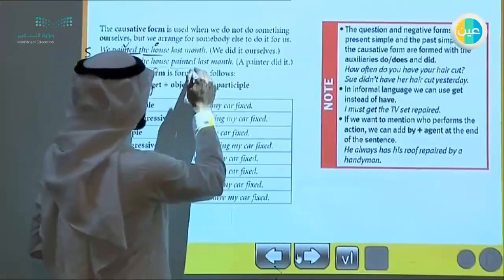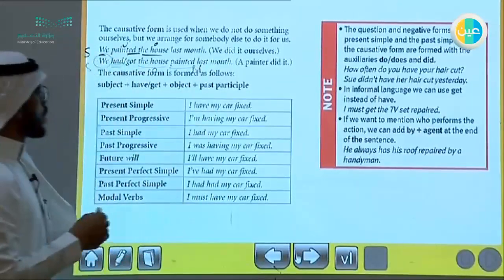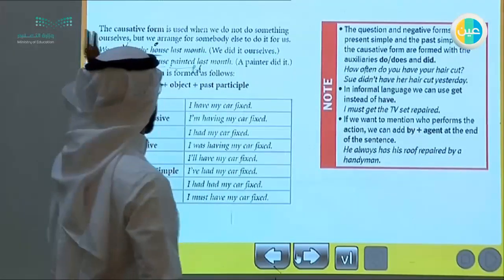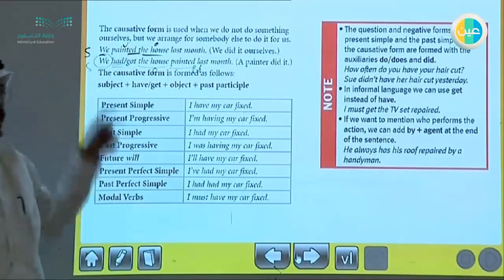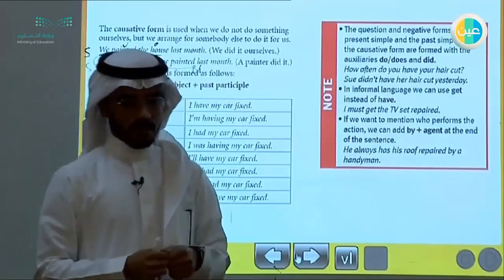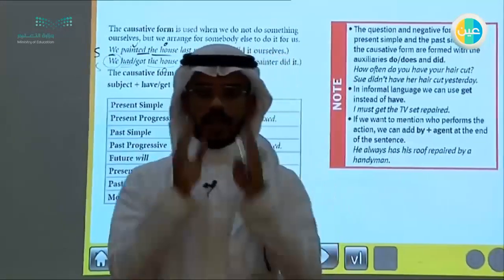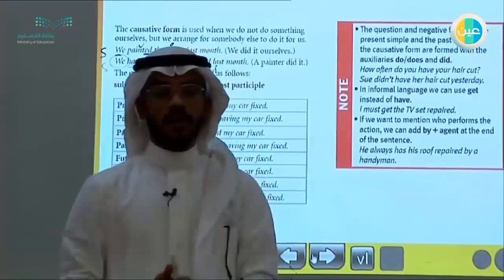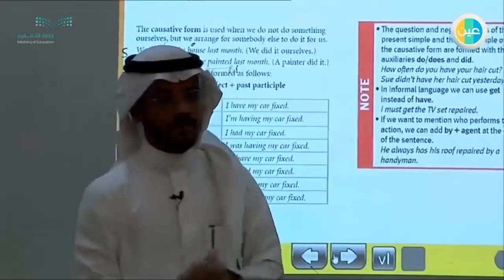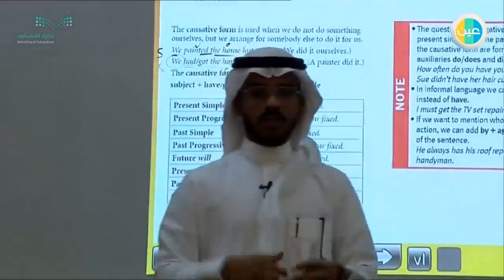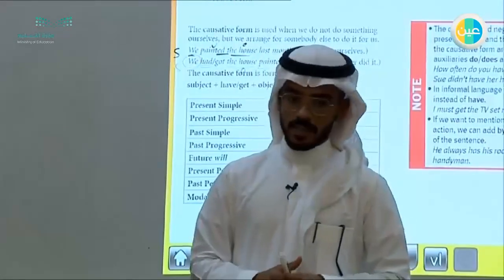So when you use a causative form, add the subject, and after that have or got or get, after that the object, and after the object, use the verb in past participle.